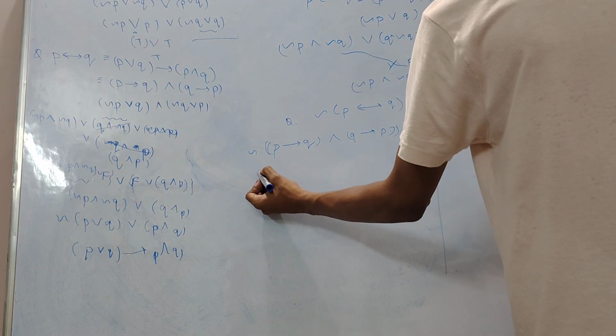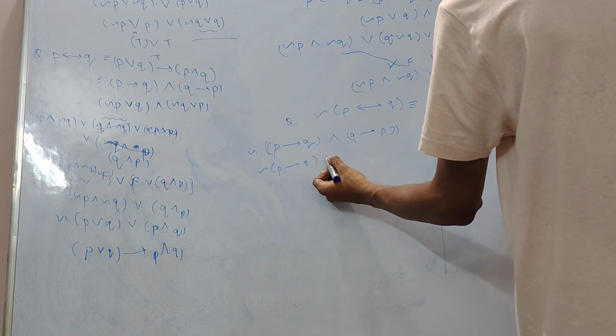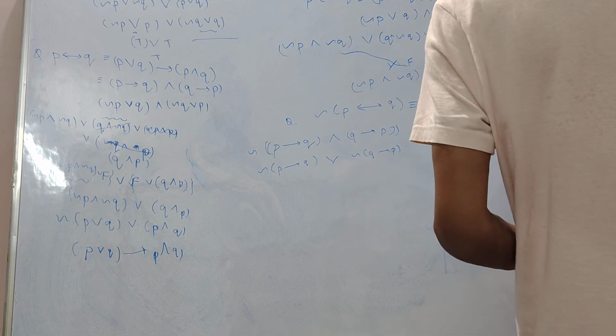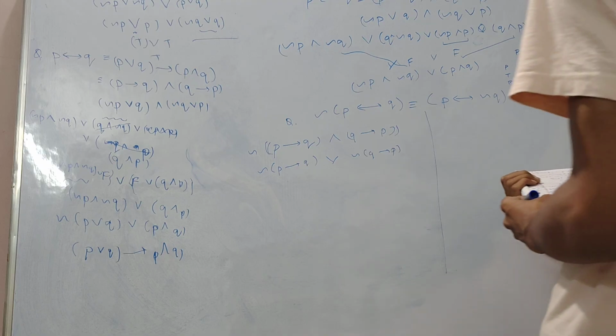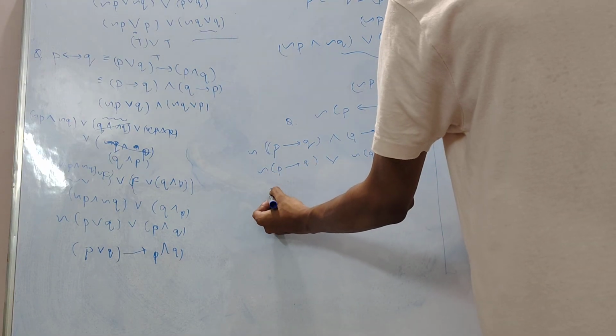Then I can write this as negation of P implies Q, or negation of Q implies P, right?